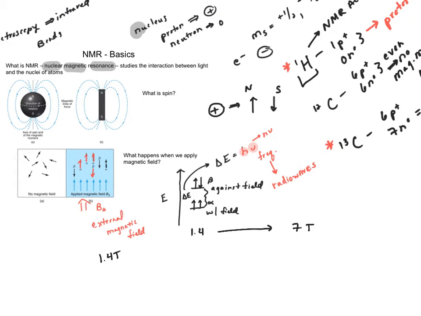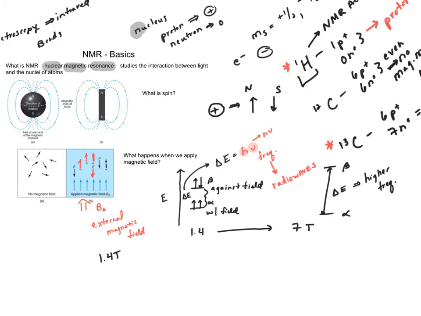So the stronger the magnetic field, the larger that energy difference, the larger the frequency at which we will absorb light. At 7 Tesla, the difference in energy between alpha and beta gets very large comparatively, so we're going to see light absorbing at a higher frequency due to this larger energy difference. That's a big overall correlation.